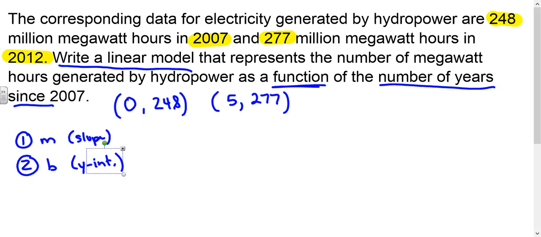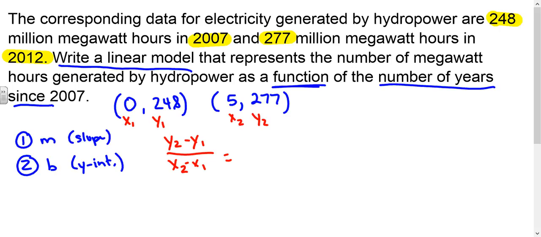To find the slope, I'm going to do the same thing and use my formula: y sub 2 minus y sub 1 over x sub 2 minus x sub 1. Remember, I have x1, y1, x2, y2.